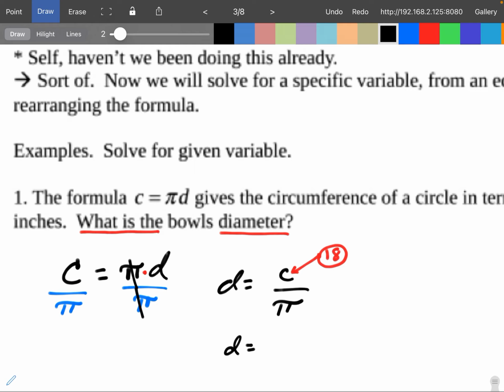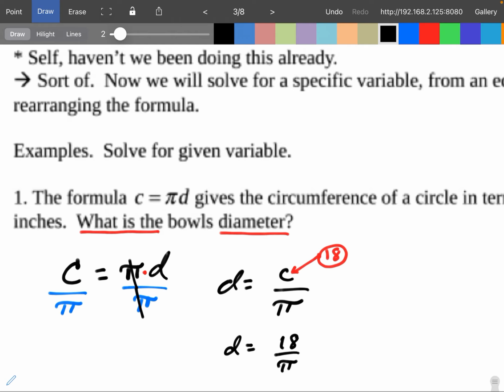So that's going to give you the diameter is 18 divided by pi. There should be a pi button on your calculator. Otherwise, you can use 3.14. Let me grab my calculator. It's like 5.72957.